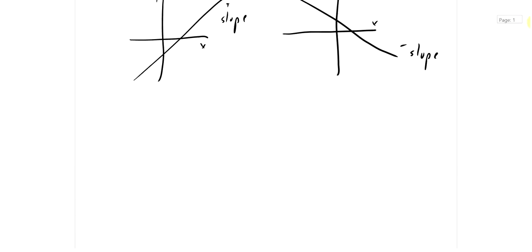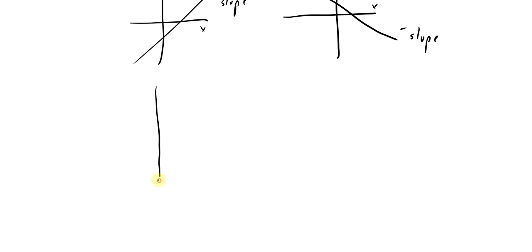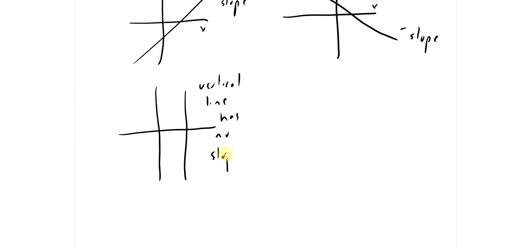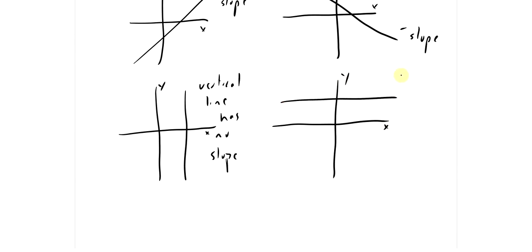And of course you can have vertical lines and horizontal lines. A vertical line has no slope. And a horizontal line, this is my x-axis, that's my y-axis, has zero slope.